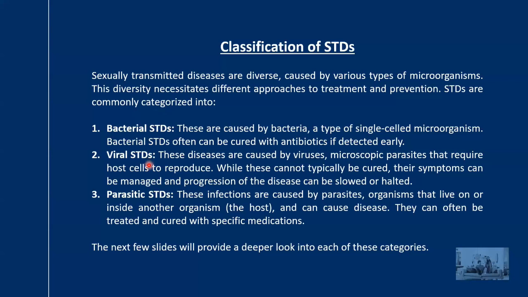Next one is viral STDs. These diseases are caused by viruses, microscopic parasites that require host cells to reproduce. Viruses are much smaller than bacterial cells. Bacteria are independent cells, while viruses are tiny particles which require another cell to reproduce and replicate their number.